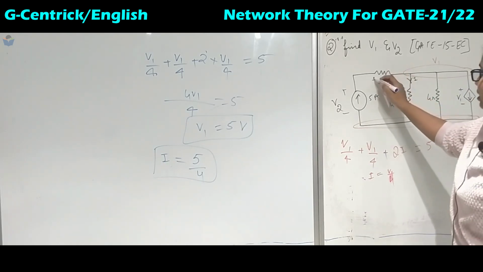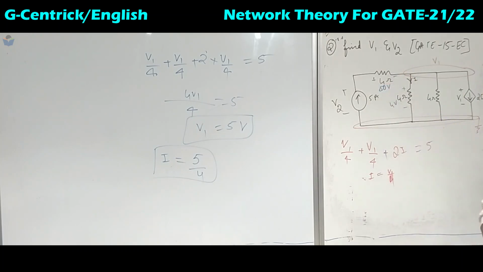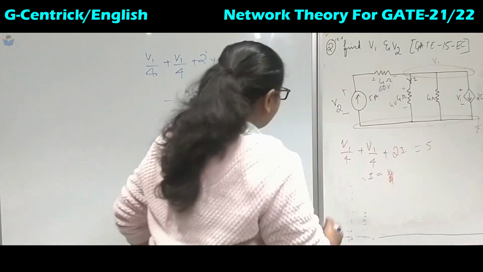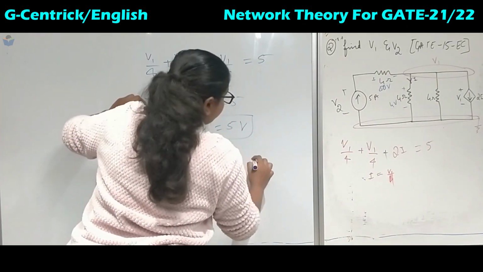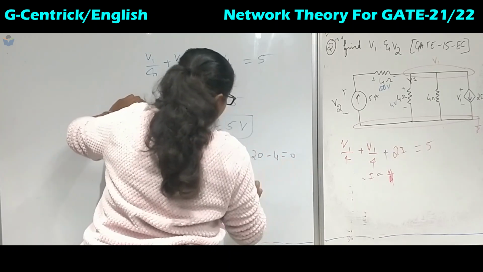Here we can easily find the voltage drop: 5 ampere of current is flowing through this resistor, so that is 20 volt. Now we know the voltage drop across both the resistors, so we can apply KVL. Applying KVL, V2 minus 20 minus 4 equal to 0.